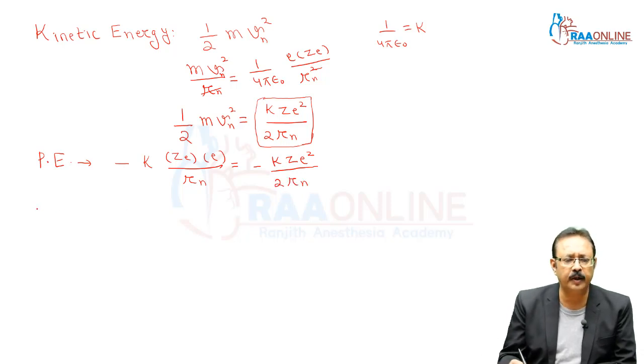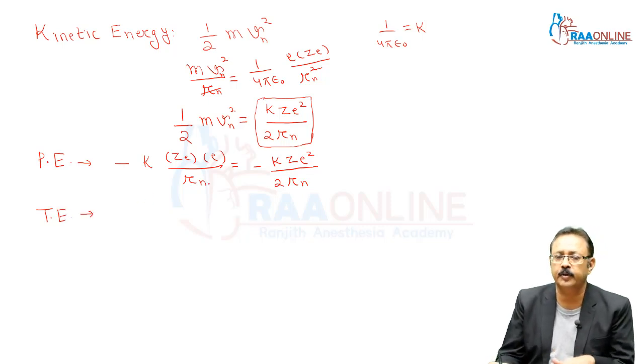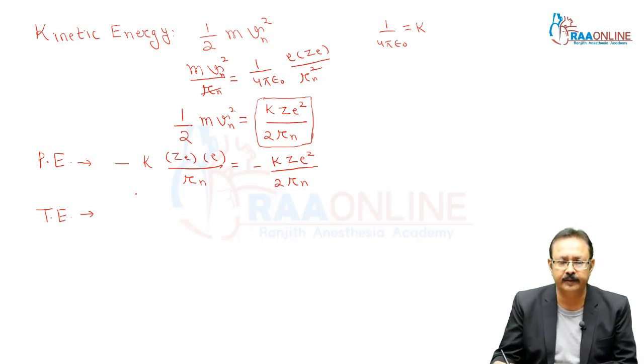So what should be the total energy? They are framing problems on this concept. That's why I am telling in terms of this, not putting the value of Rn. Total energy, add this and this. Take kze square by Rn common.